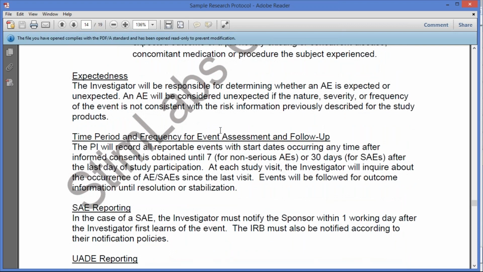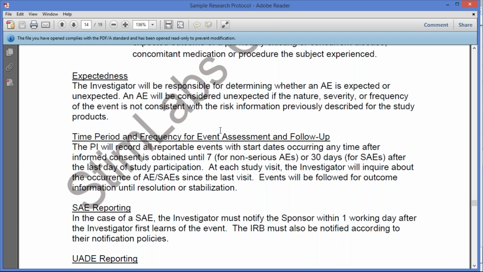You know, expectedness, whether the adverse effect is expected or unexpected. It is considered unexpected in nature, severity, frequency, if it is not consistent with the risk information, whatever the information that is previously reported. Based on the previous data, we'll get to know whether it is expected or unexpected.